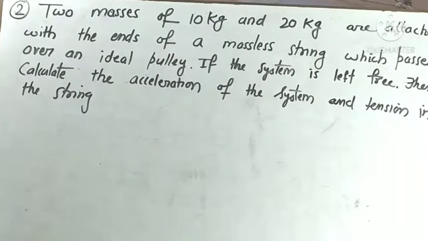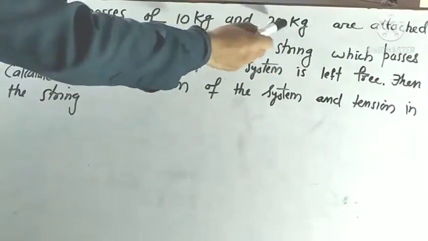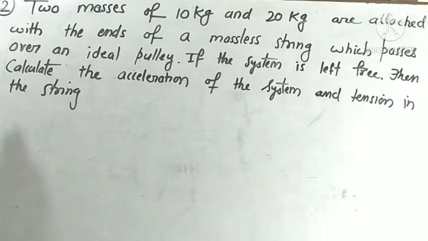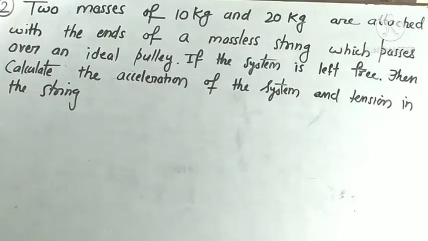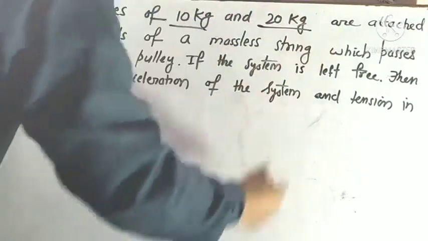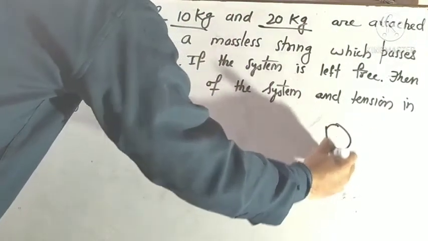In question number 2, two masses of 10 kg and 20 kg are attached to the ends of a massless string which passes over an ideal pulley. Here two masses are given, 10 kg and 20 kg, which pass over a pulley.